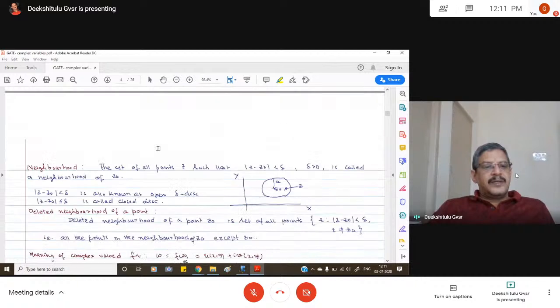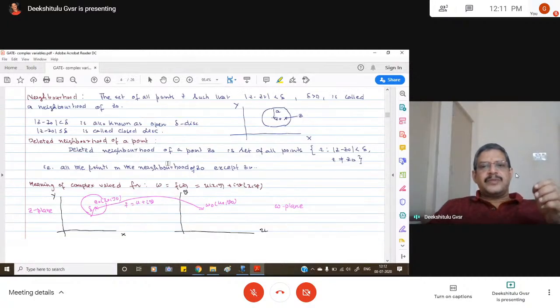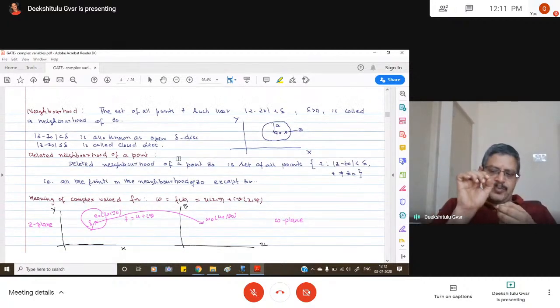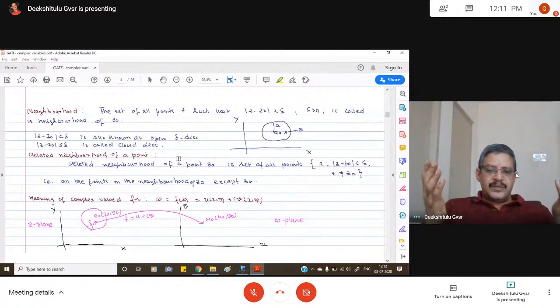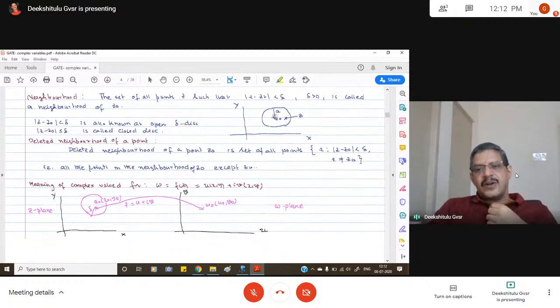Okay, neighborhood. The set of all points z such that mod z minus z naught is less than delta, where delta is positive, is called a neighborhood. Nothing so serious about this. You take a point in the z plane and consider a very small circle around that point with radius delta. If this is z naught, then the interior of this circle is called the neighborhood of z naught.